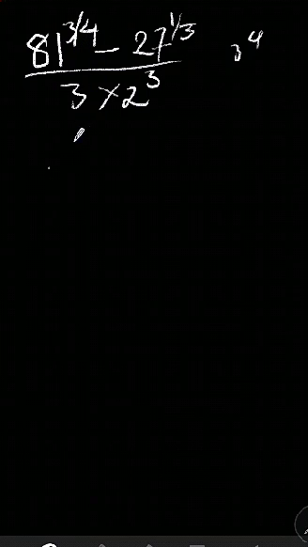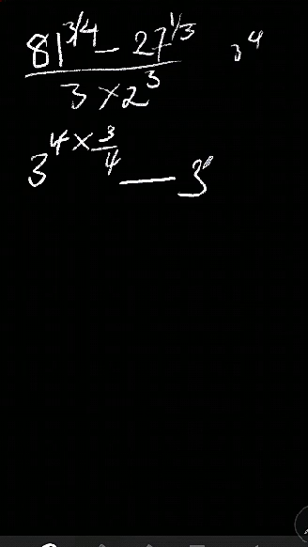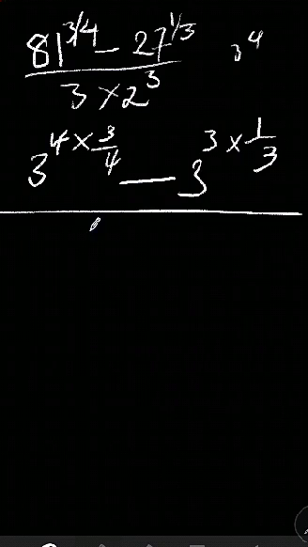So you can have 81 raised to power 3 over 4 as 3 raised to power 4 times 3 over 4, minus. Now, how can we write 27 so that it will be a number with power? 3 raised to power 3 times 1 over 3, over 3 times 2 raised to power 3.